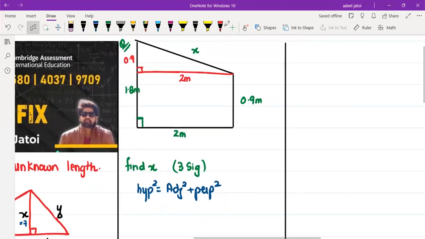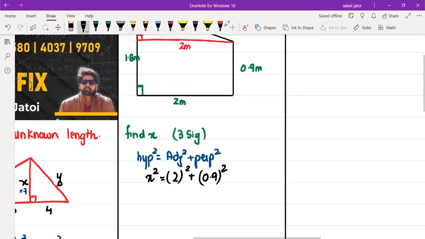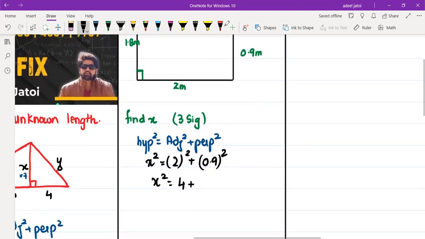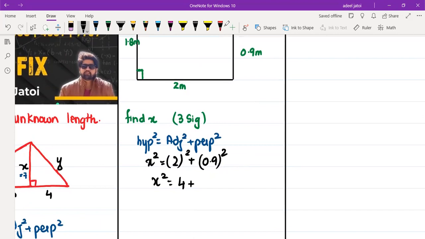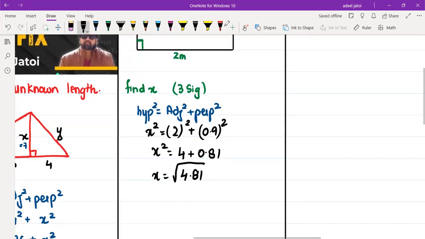Now, hypotenuse is x square, adjacent is 2, and this will be squared, whereas perpendicular would be 0.9 squared. So x square is 4 plus 0.9 square, which is 0.81. So 4.81 under root will be 2.19.